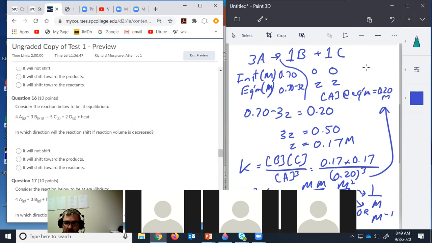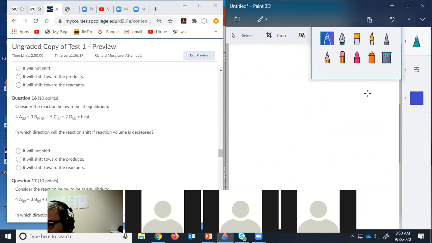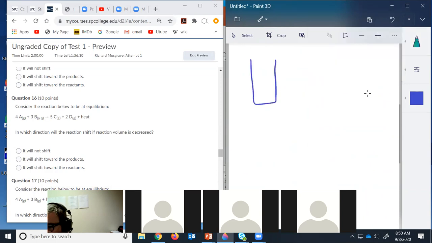Okay, so let's have a look. Oops. No, I'm wrong. Sorry. Here we go. So what you would do is I like to draw a little piston here for these problems. See, volume is decreased. That means that the piston's being pushed down. So what's going to happen is that it's going to go to the side with fewer gas molecules.